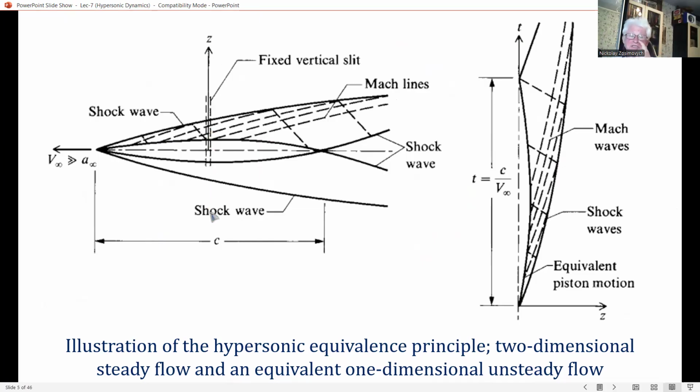This piston motion is shown in the z-t wave diagram at the right part of this figure. But note that as the airfoil passes through the vertical plane, the equivalent piston motion is first toward increasing z, reaching a maximum z corresponding to the maximum airfoil thickness, and then retreating toward decreasing z.